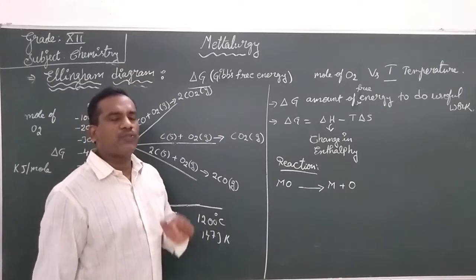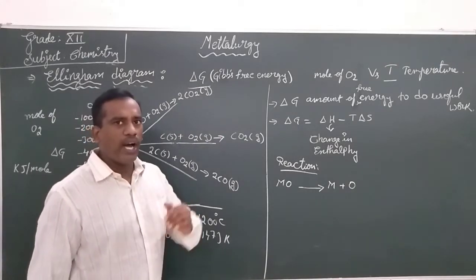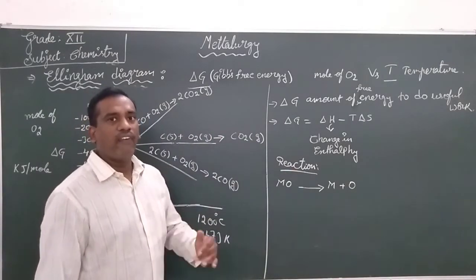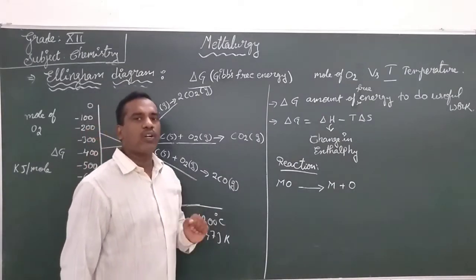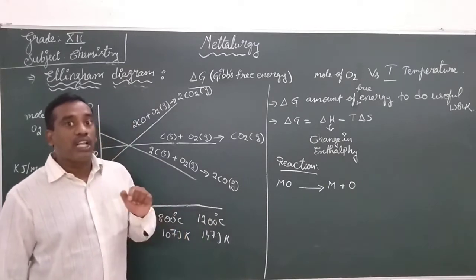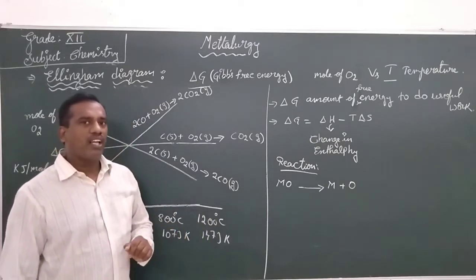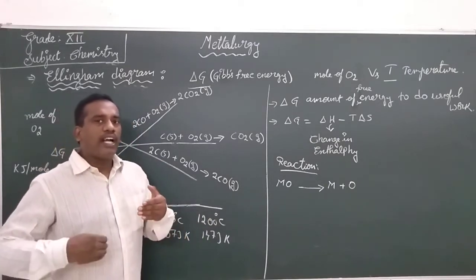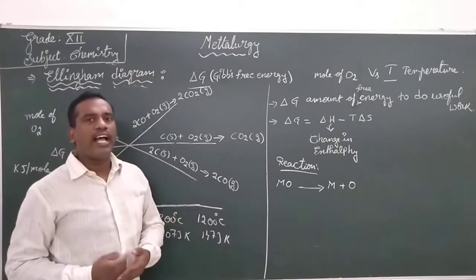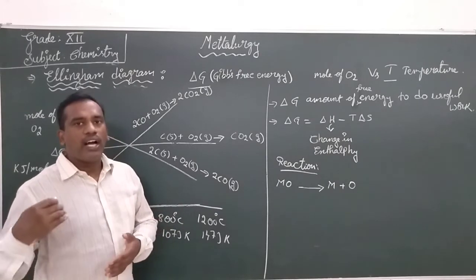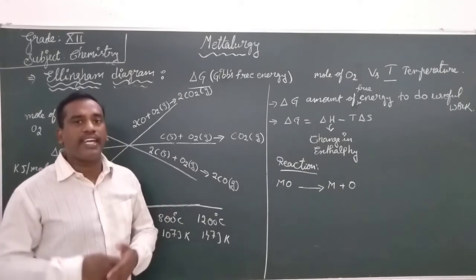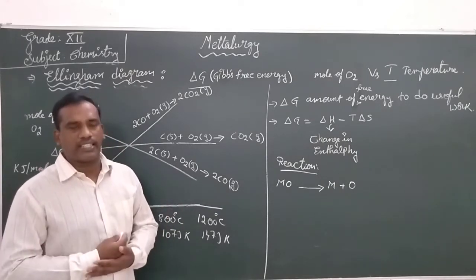For this purpose, what are you doing? You are giving heat for the reaction. We already came to know mercury oxide is heated at a temperature of 350 degrees Celsius. So you are giving heat to the reaction. What are those reactions called that absorb heat to continue the reaction?